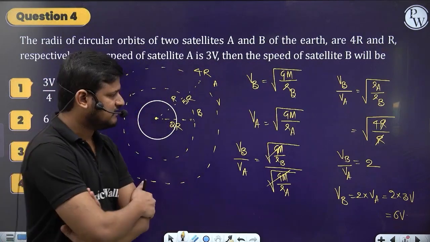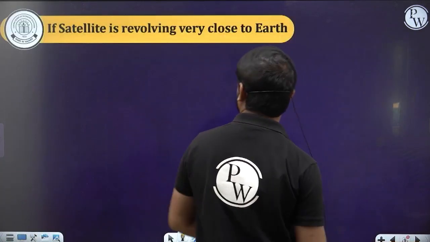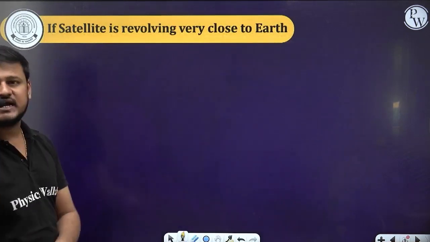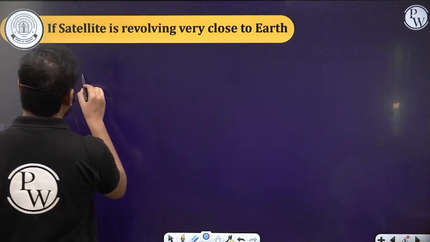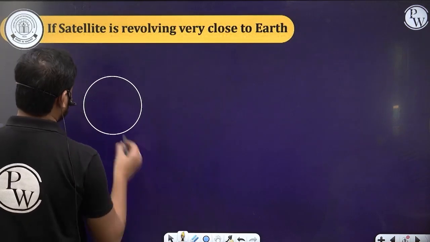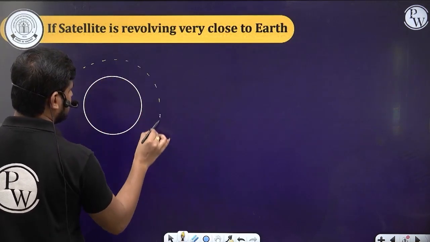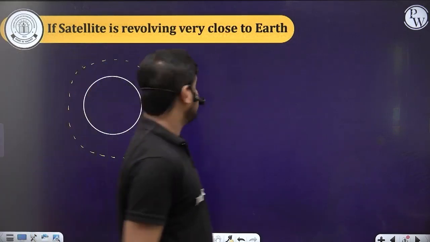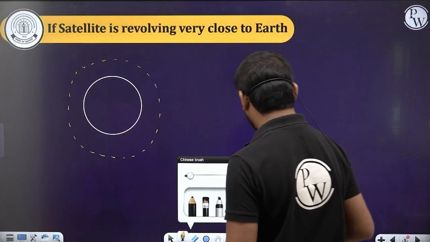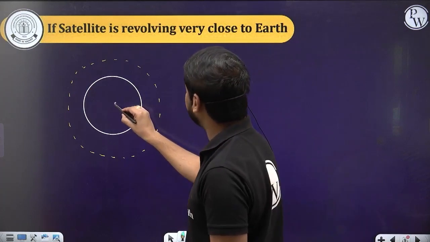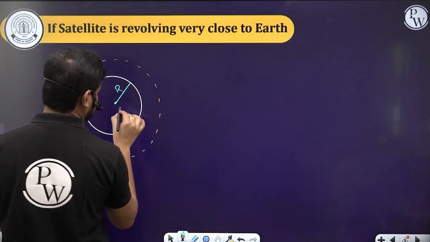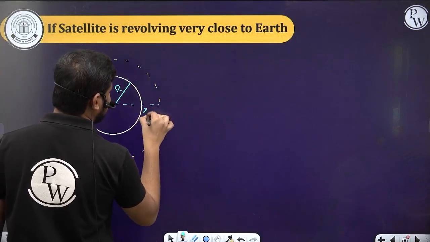Okay. Done. So now, if the satellite is revolving very close to the earth, see here, this is the earth. Previously we considered the radius of the earth as R, and from the surface of the earth the satellite is at some height h, so we considered this distance as r.